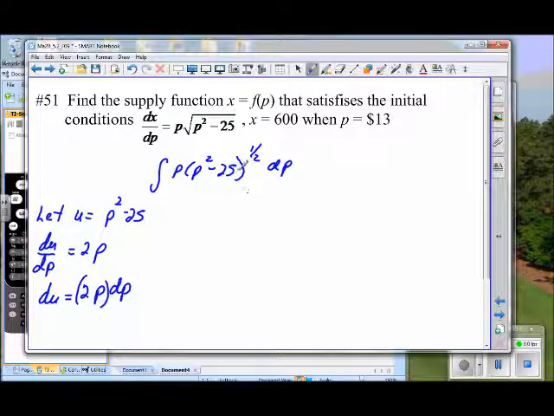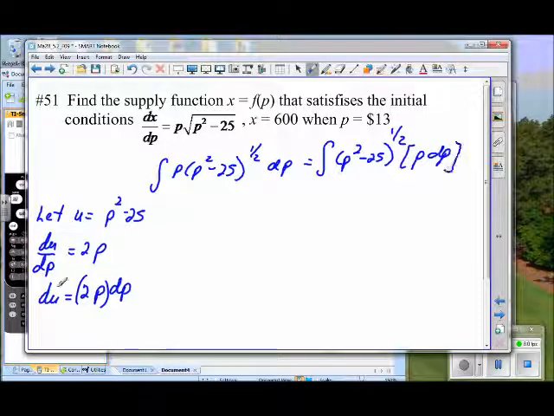And I need to look at this and see if in fact I have exactly the same thing over here. So I'm going to rewrite this and put the value p dp together. I have it almost the same, but here I have an extra factor of 2, so I will multiply both sides by 1/2, and then I have p dp.